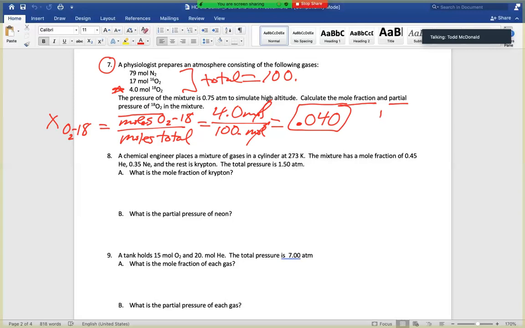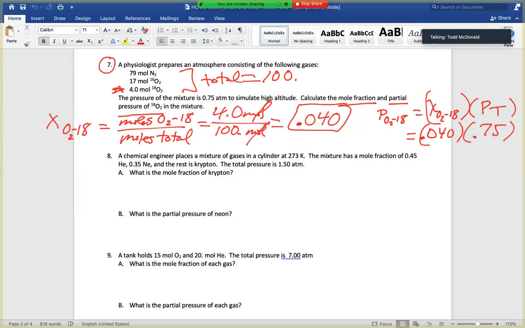And then if I wanted to get the pressure of oxygen 18, I'm going to take the mole fraction of O2 18 times the total pressure in the container. Since my mole fraction is 0.040, I'm going to multiply that by the total pressure, which we said was 0.75.